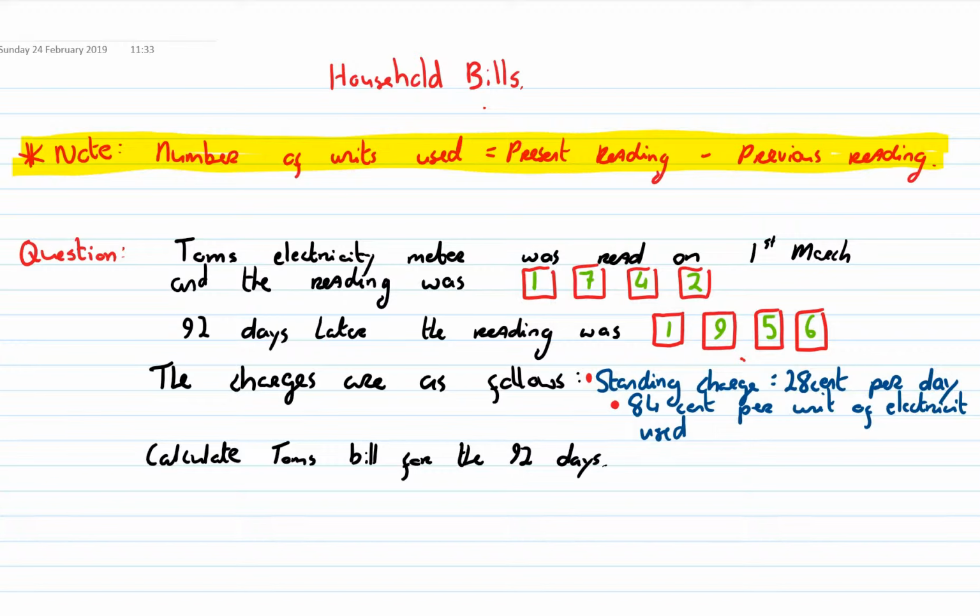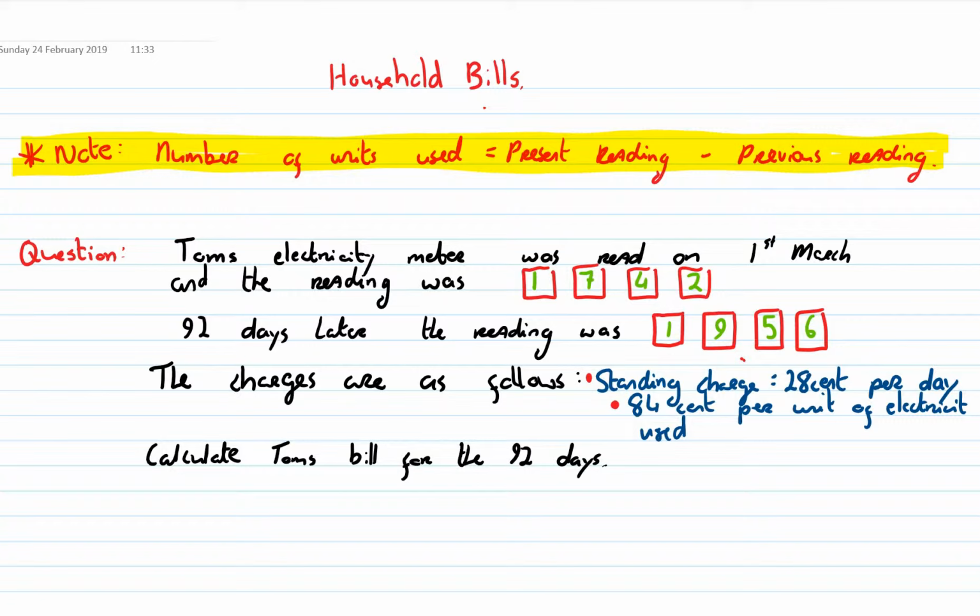In relation to the electricity bills, just to note here, it says number of units used equals present reading minus previous reading. What that means is a lot of houses have a meter that shows the amount of electricity they used. The meter just keeps clocking up the readings.